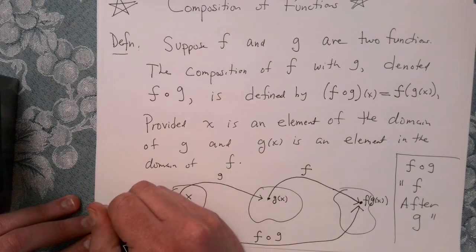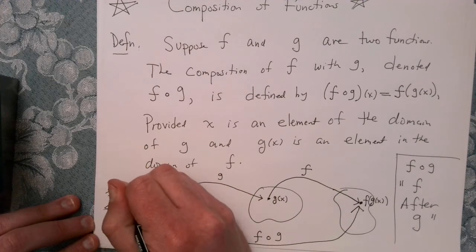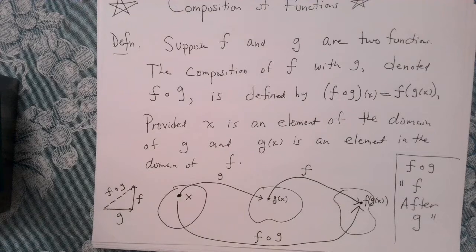But I could do that all in one swoop by applying f after g. That little diagram sort of sums this up. Okay, so let's start to play around with this idea, because as I mentioned before, it's incredibly important and it never stops being important, whether it's pure or applied math.